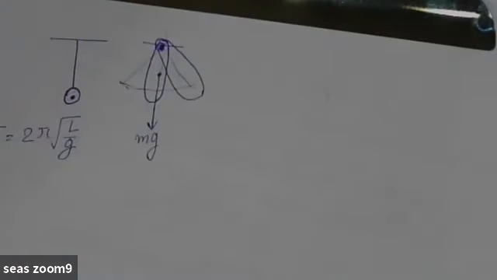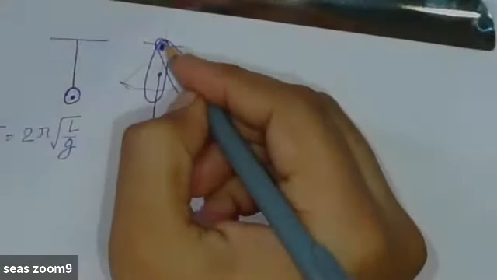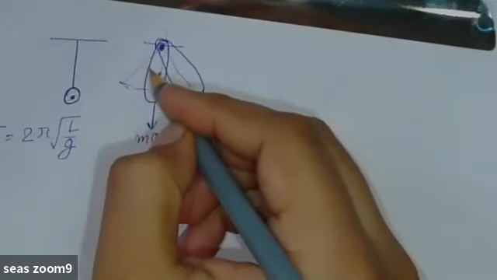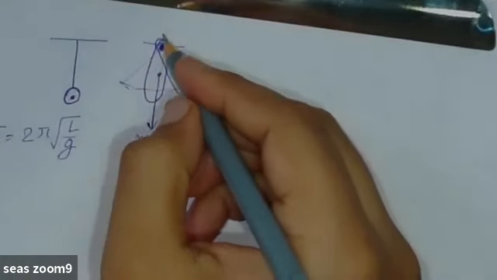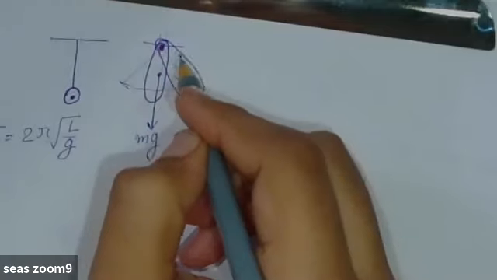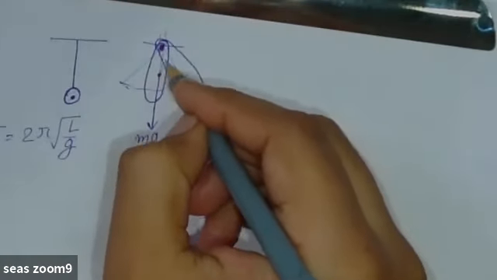We must notice that we are talking about the natural vibrations which are occurring in the compound pendulum. The natural vibrations in this case are through an angle theta.